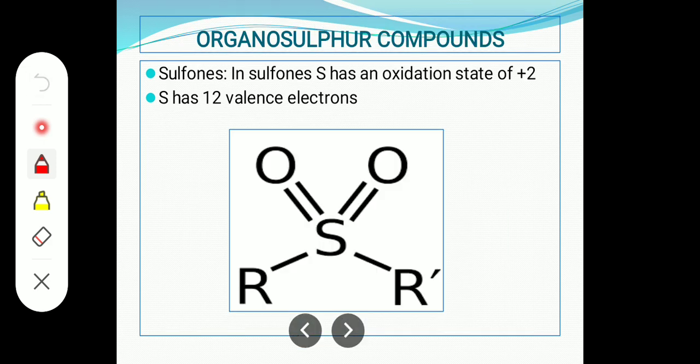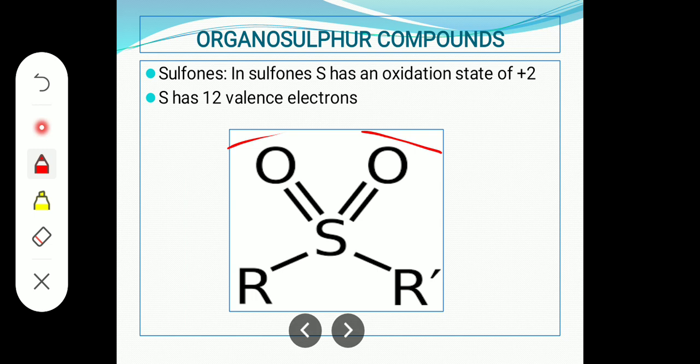Next organosulfur compound is going to be sulfone. So in sulfones, sulfur has an oxidation state of +2 and sulfur has 12 valence electrons. Here you can see very clearly that you have 2 oxygens and 2 R groups.